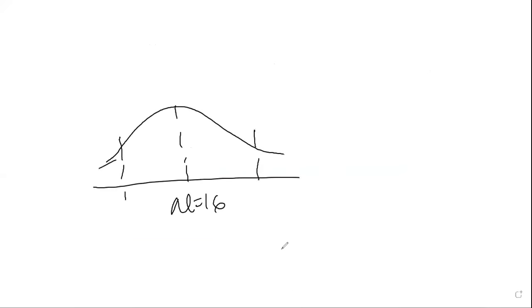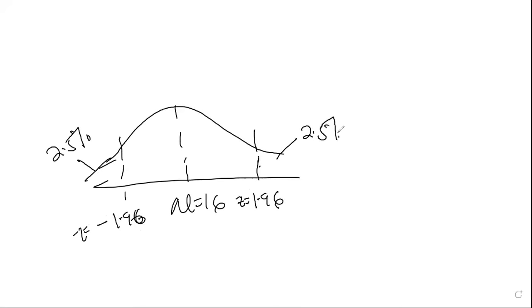If you are testing at 5% level, here will be negative 1.96 z-value, and here will be positive 1.96 z-value. The significance level will be 5%, which will mean this place will be 2.5%, and here will be 2.5%.